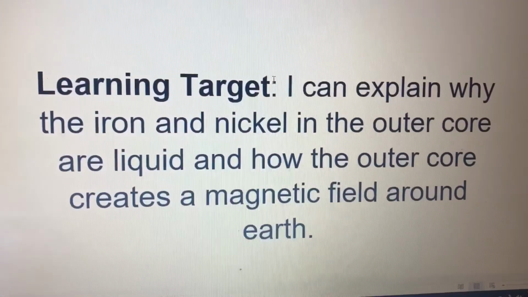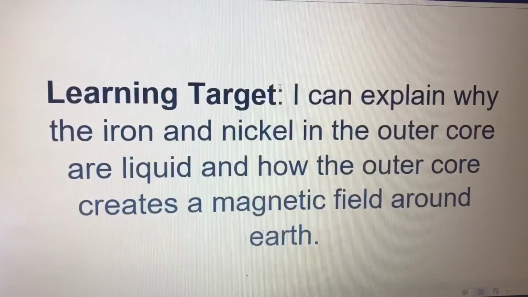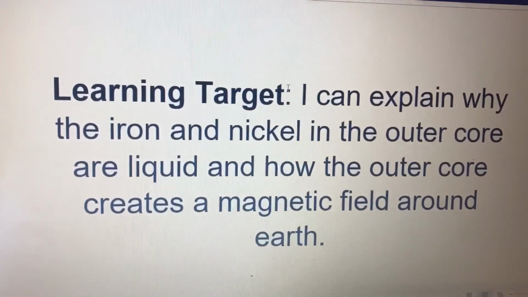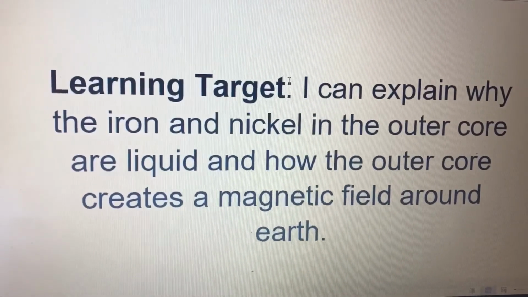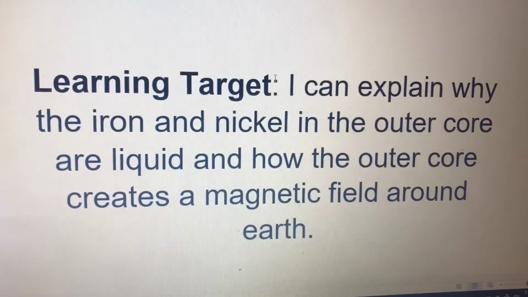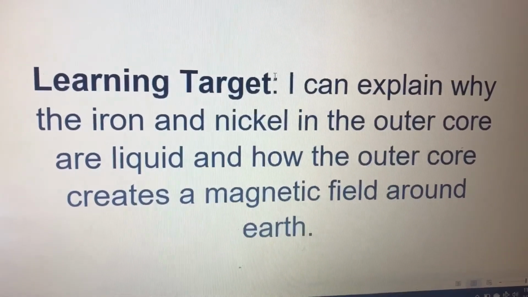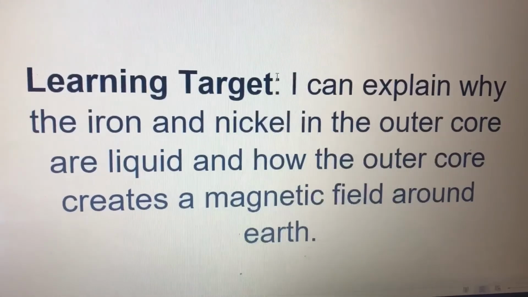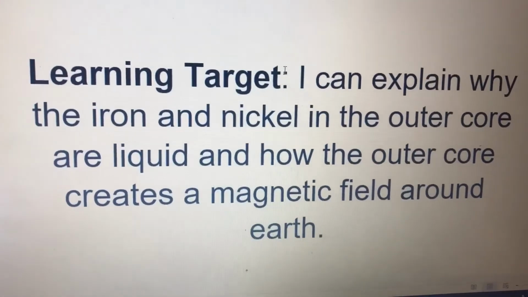So let's look at the learning target. I can explain why the iron and nickel in the outer core are liquid and how the outer core creates a magnetic field around the Earth. So yes, that's exactly what we accomplished in this lesson. And if you did not take enough notes, or if you didn't have time to watch the videos, you can always go back and do that at a different time and get all the information that you need.